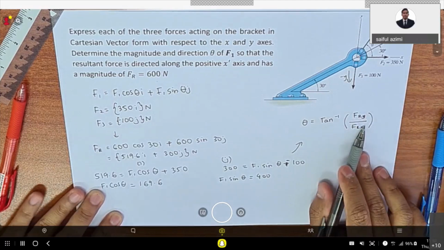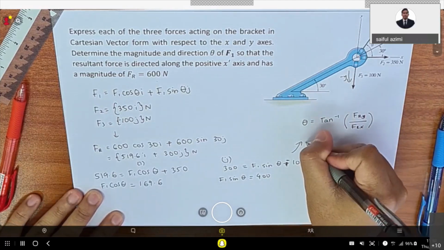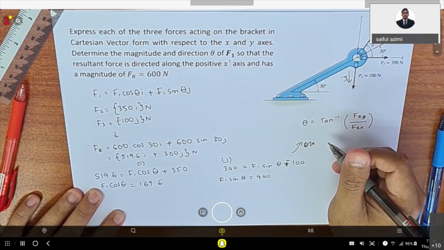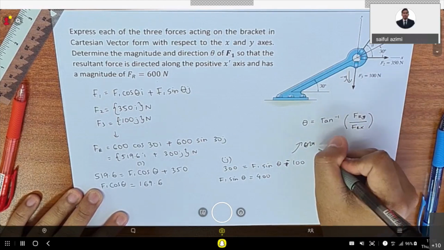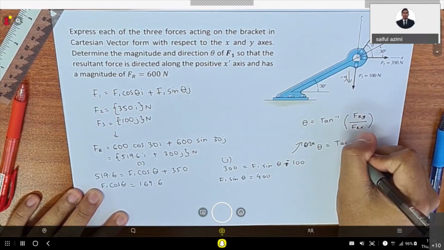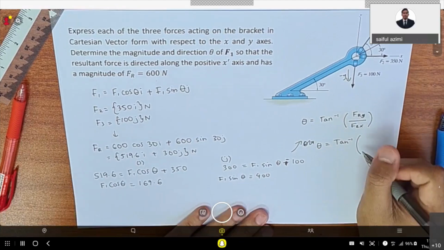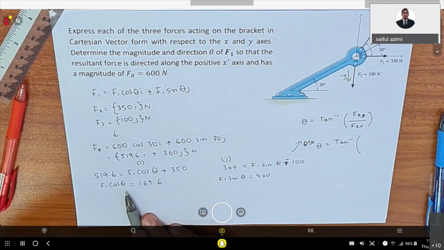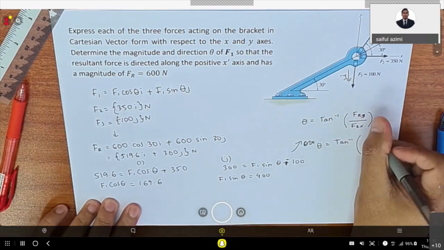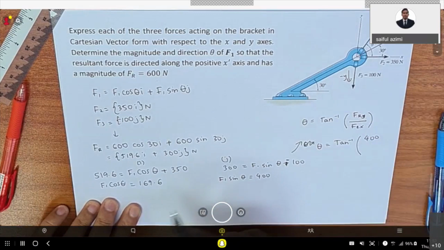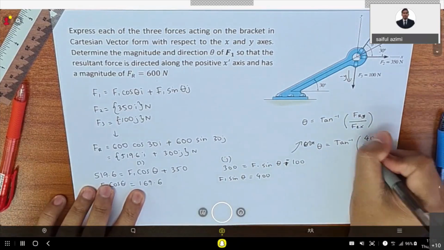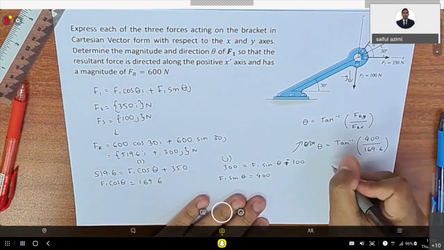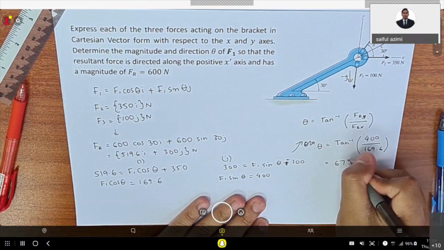So here, theta equals tan inverse of FRY, which is 400, over force resultant x, which is 169.6. So theta equals 67 degrees.